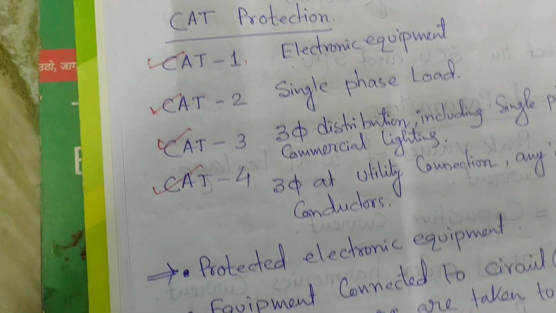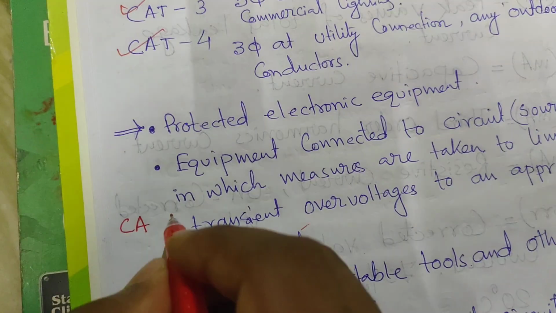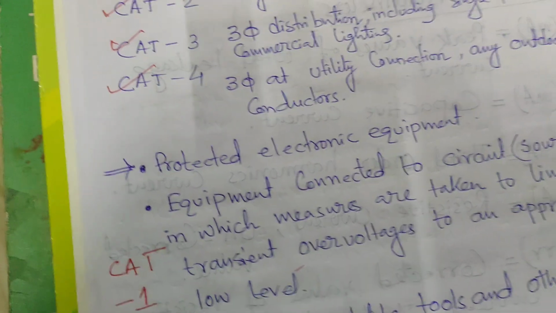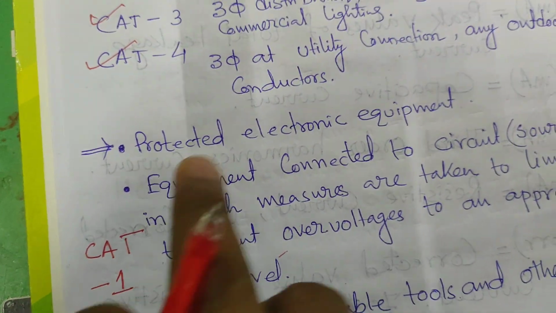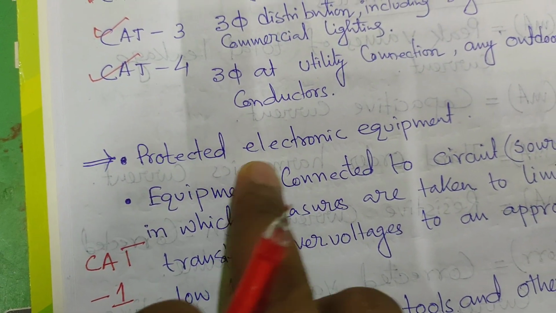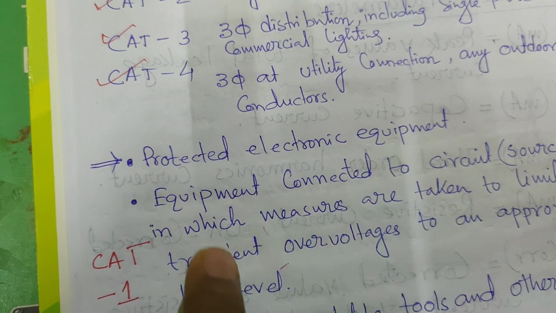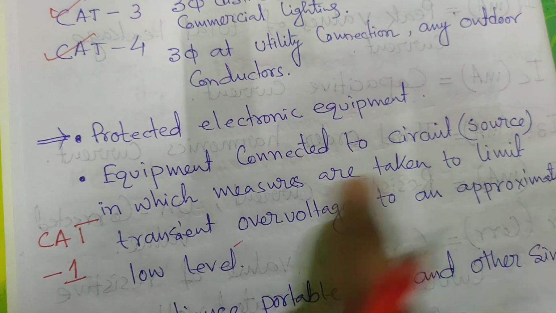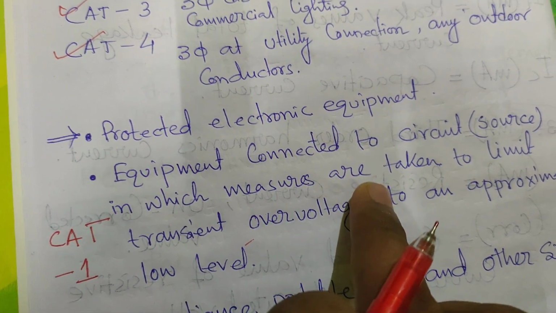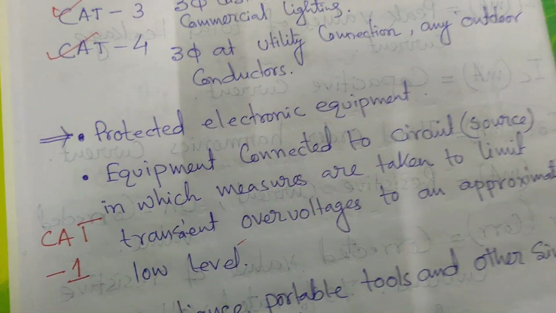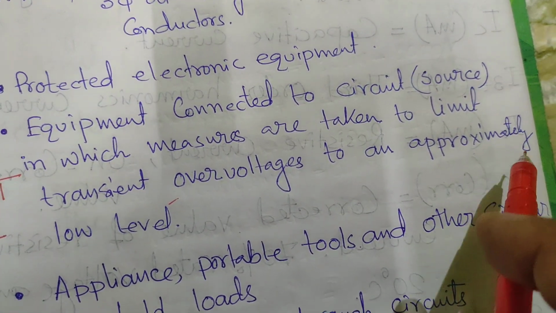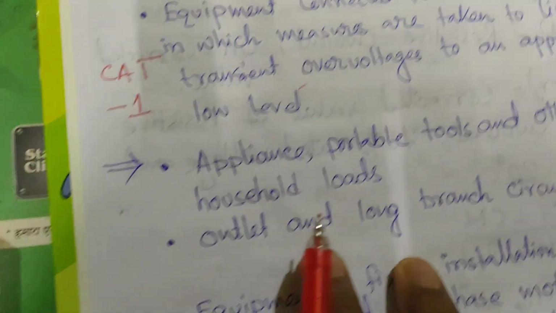First we discuss the CAT 1 category. CAT 1 is for protected electronics equipment connected to a circuit or source in which measures are taken to limit transient overvoltage to an approximately low level.